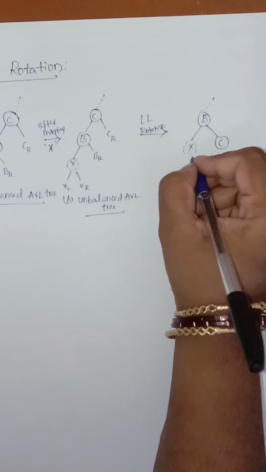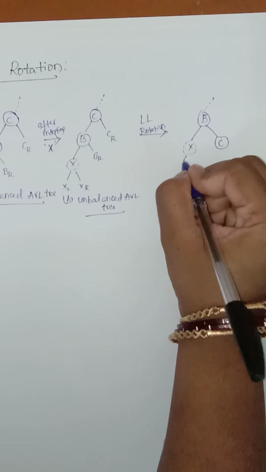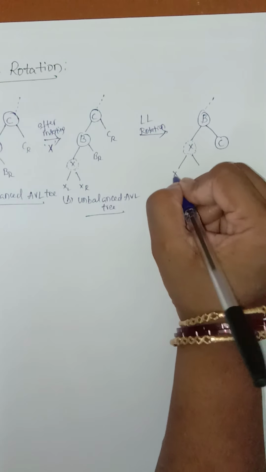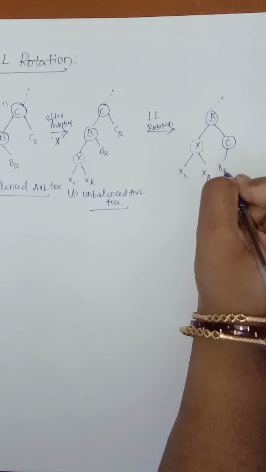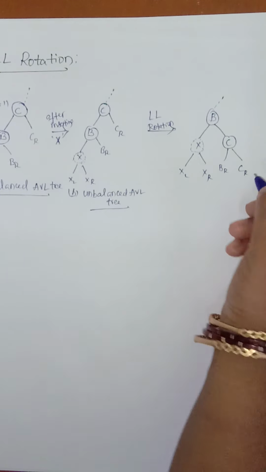This made the changes, that's why I am using the dotted representation. XL and BR, CR.